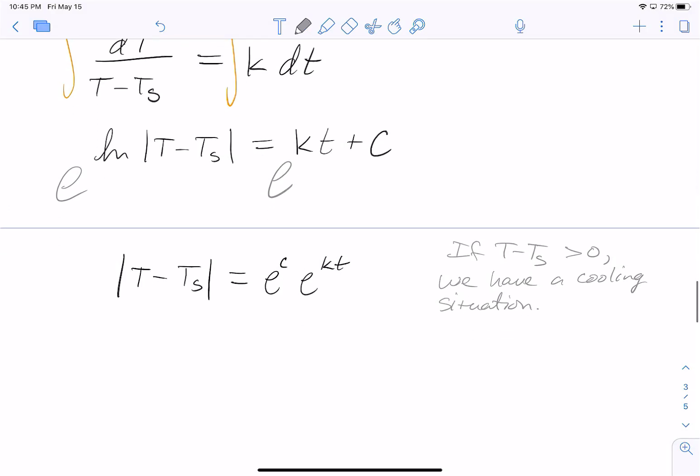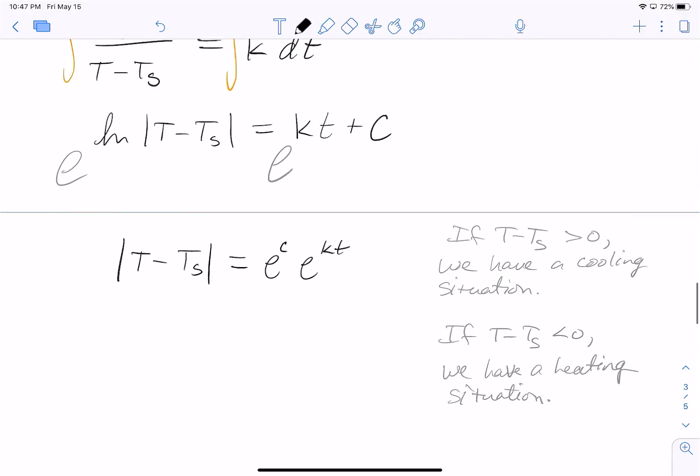But if T minus T sub S is negative, then the surrounding temperature is greater than the object's temperature, and we have a heating situation. This would be like you take a pie out of the refrigerator and set it on the counter. And at this stage, the absolute values are required because I have a product. Well, we really had e to the kt plus C a moment ago, and that can't be negative.